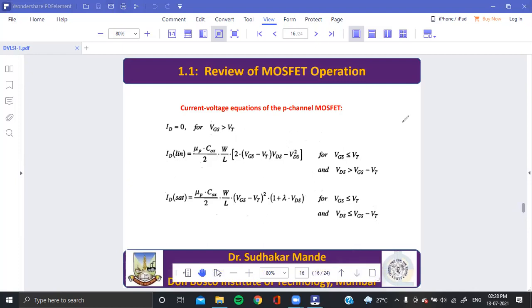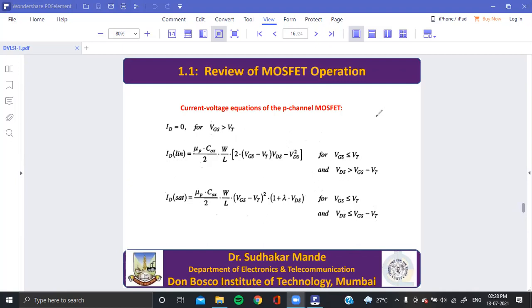So this is the linear region. The conditions for linear and saturation are exactly opposite to those of NMOS. Here mu p is the mobility of holes, not threshold voltage. Again, lambda is the channel length modulation factor of the PMOS transistor.